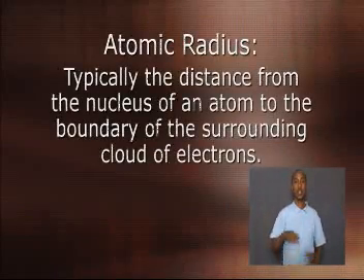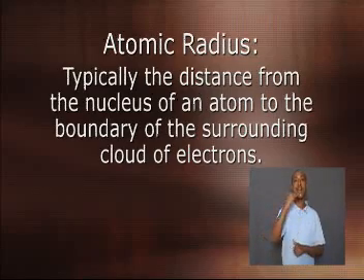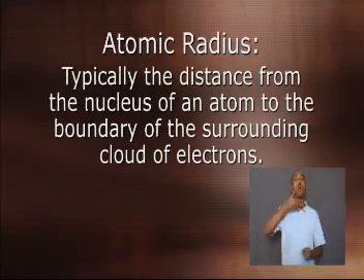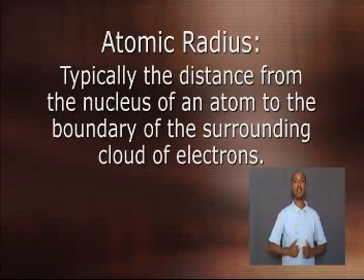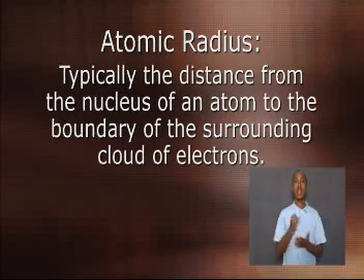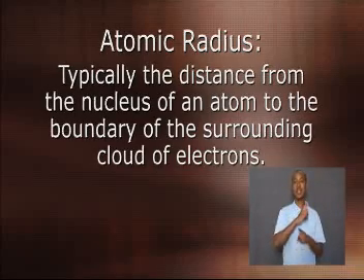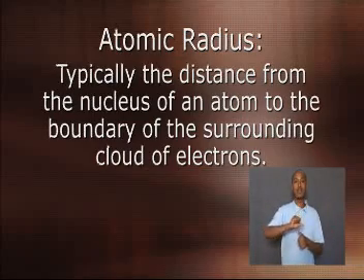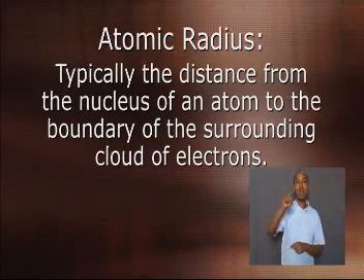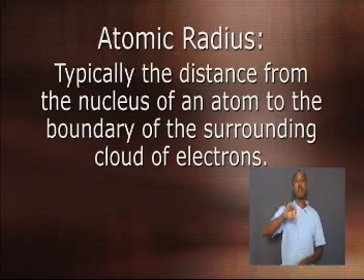An element's atomic radius depends mostly on the number of shells that element has. However, it is typically the distance from the nucleus of an atom to the boundary of the surrounding cloud of electrons. If those were your answers, great work.